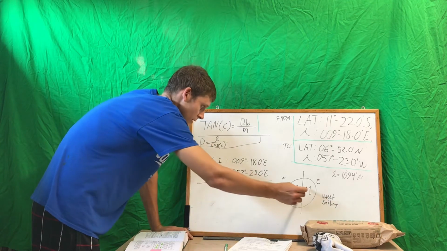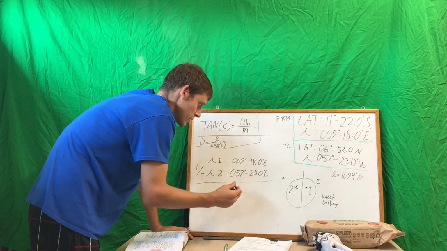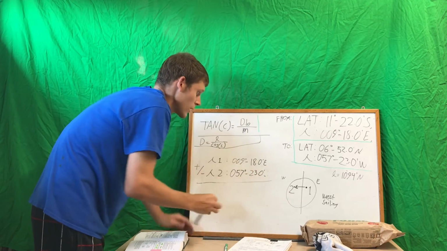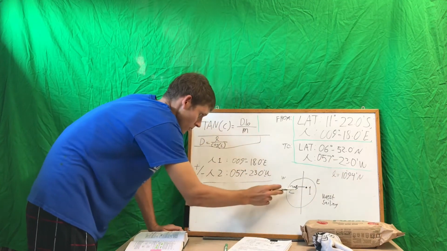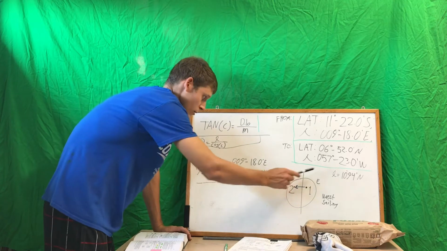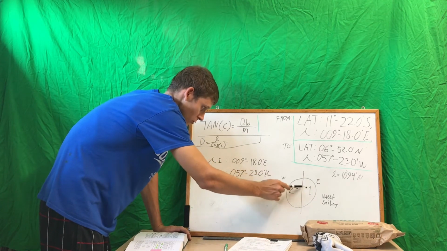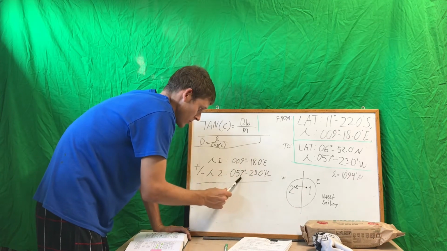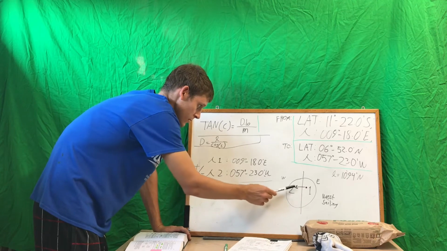Starting out, I'm in the eastern longitude, and I'm heading to a western longitude. So we have to go 9 degrees to get to Greenwich, and then we have to go another 57 to get to our destination.